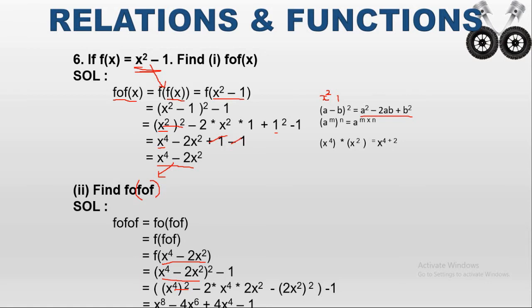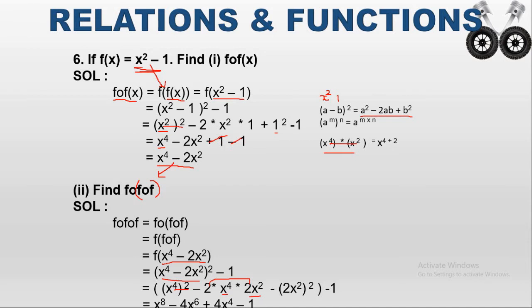So it will become x power 8 minus 2 into 2. You have to multiply the constant term first, that is 2 into 2. It will become 4. Then you will have x power 4 into x square. Whenever you have the same base, you can add the powers. What is the power here? The powers are 4 and 2. So it is x to the power of 4 plus 2, that is x power 6.